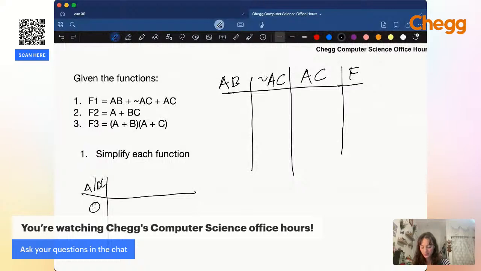So I'm gonna write all the possibilities of A, 0, 1, and then B will be 0, 0, 1, 1, and then C: 0, 1, 1, 0. Then I'll just fill that in.